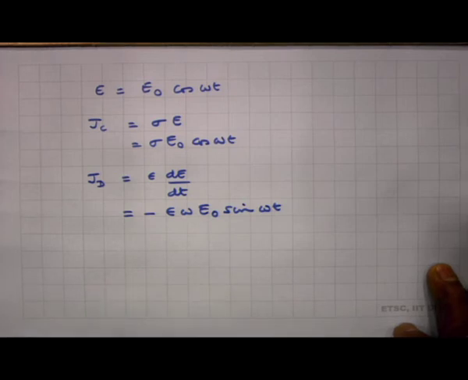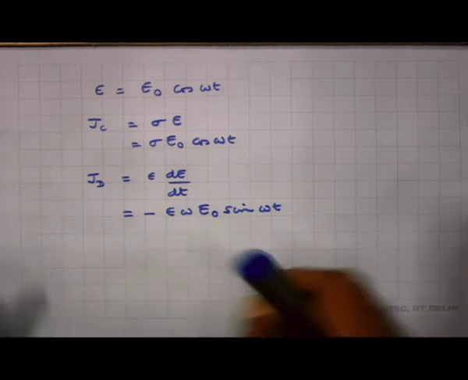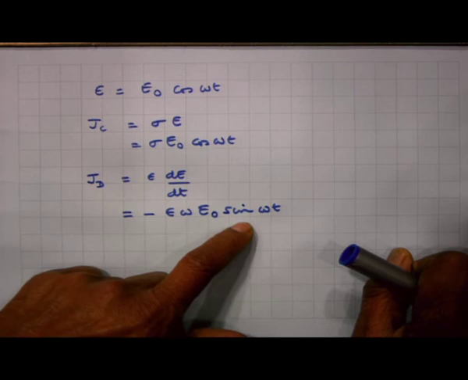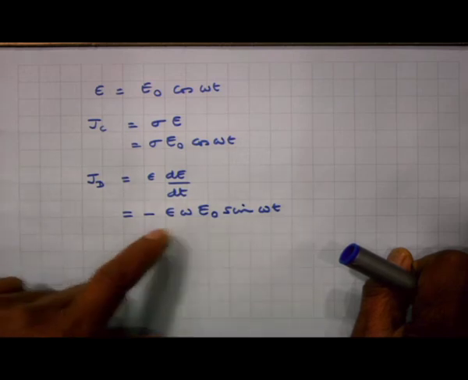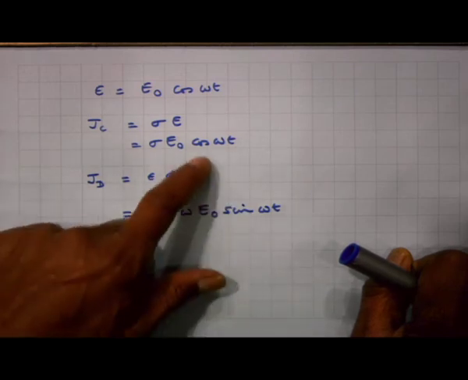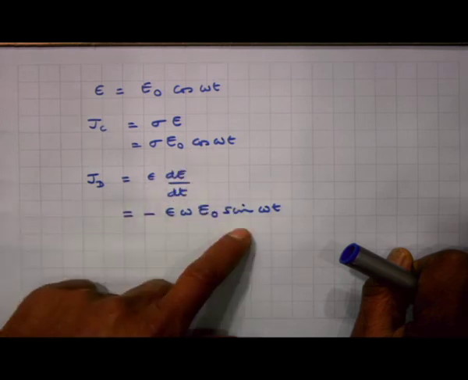The first thing that you notice is that the conduction current density and the displacement current density are not in phase. There is a minus sign here, and this is a cosine function of time while this is a sine function of time.